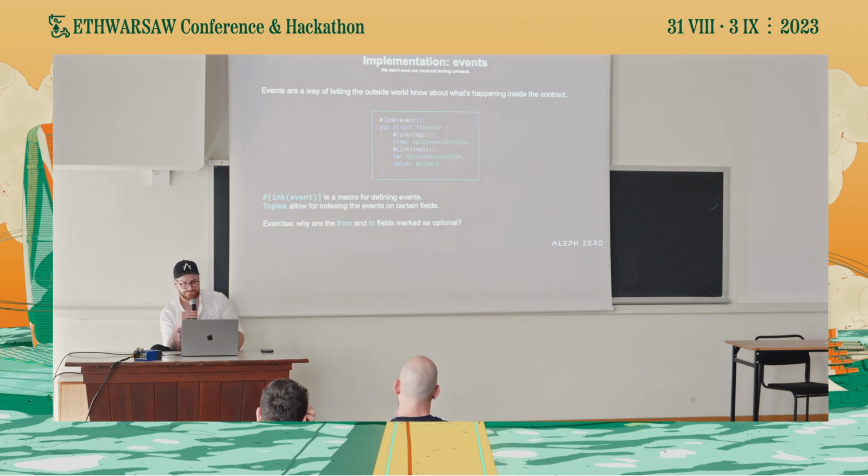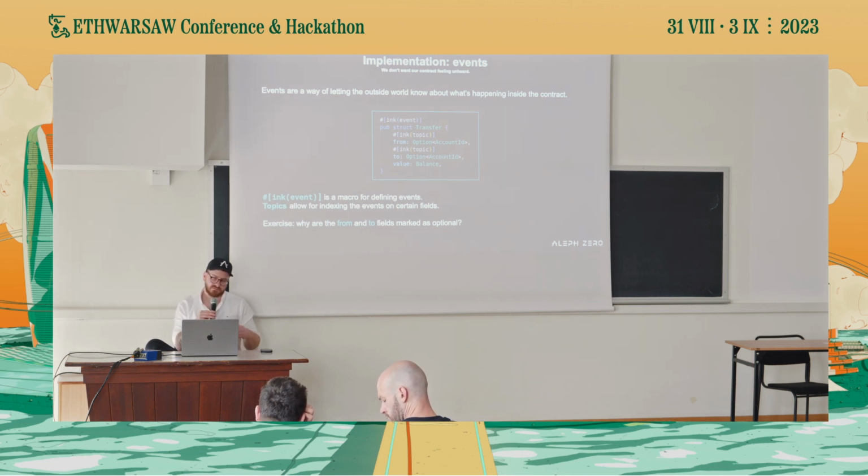And events, in essence, how you declare them is you make yet another struct with a macro. You should get used to it by now. The macro is ink event, unsurprisingly. And you can put pretty much arbitrary fields in the event. What you can also do is mark certain fields as topics, which will allow the event ingesting system to index these events based on this topic.